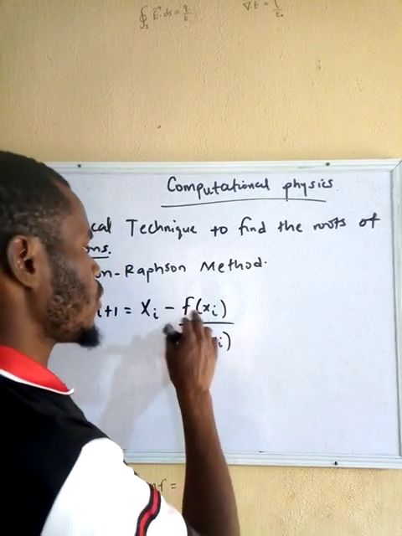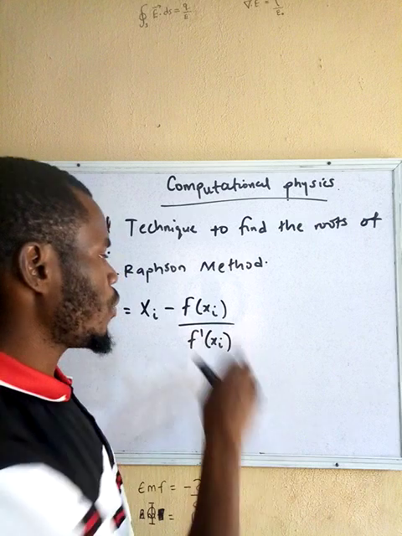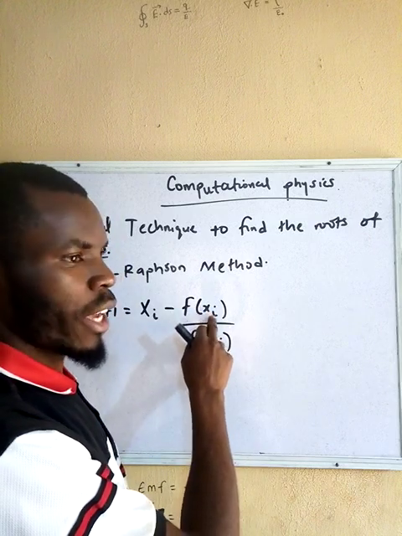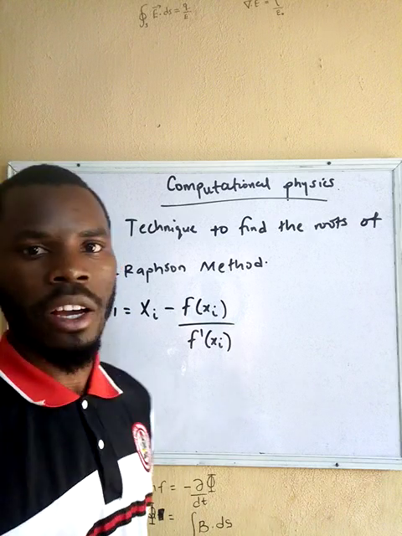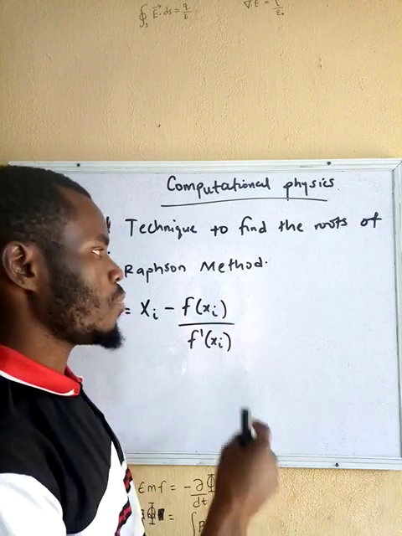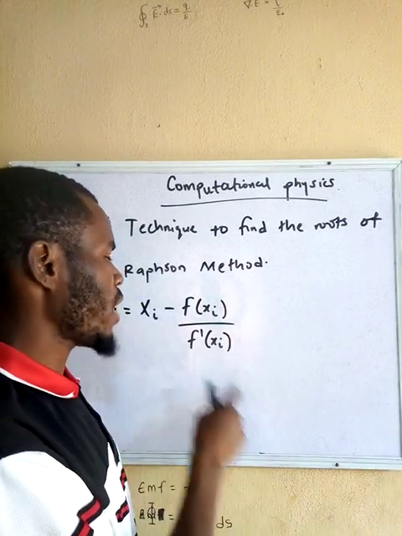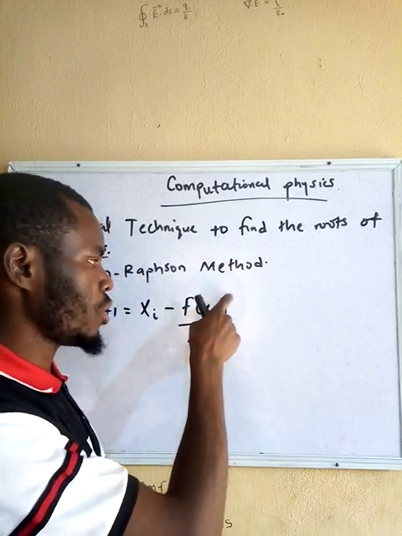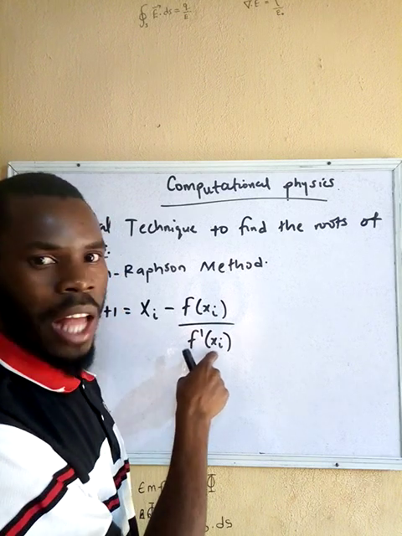And f of xi is our function at xi, meaning that if the initial guess we take is i equals 0, I'm going to insert x of 0 into the function and divide it by the derivative of that function, with the initial guess inserted in the derivative.